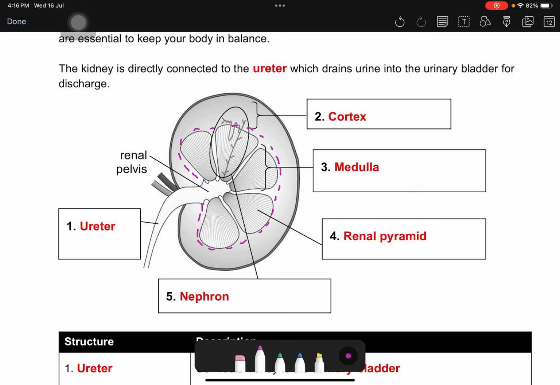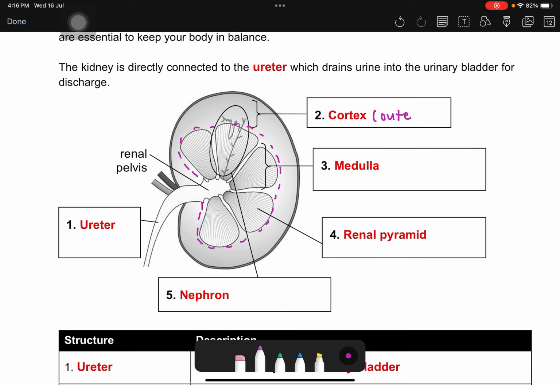So the first region is the cortex, which I will refer to as the outer region of the kidney, and this is where filtration happens. Okay, this is the start of the whole process of cleaning the blood.